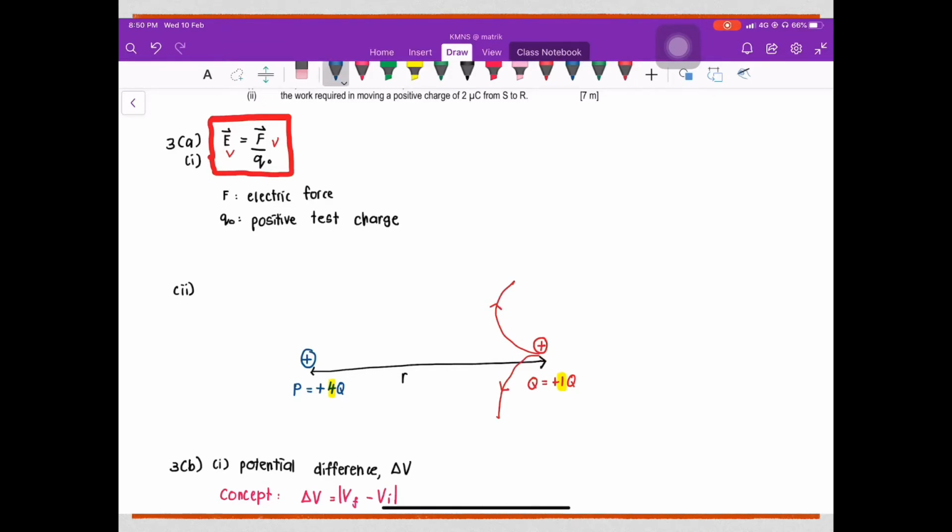So this becomes 1, 2, 3, 4, 5, 6, 7, 8. Okay, to show the number of electric field lines for this one is 4 times that of this one.